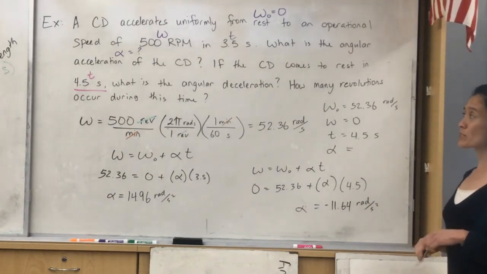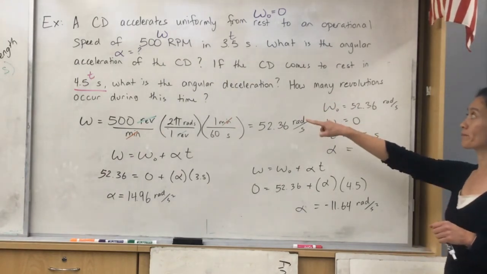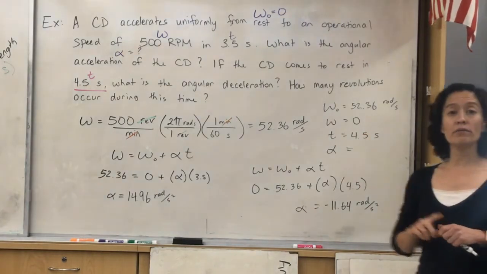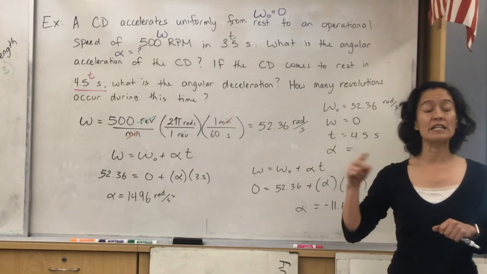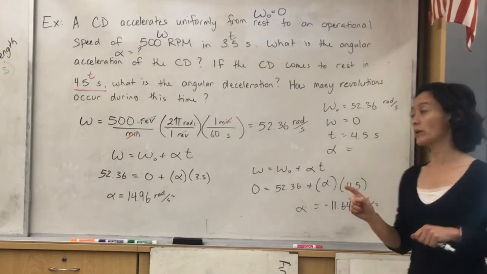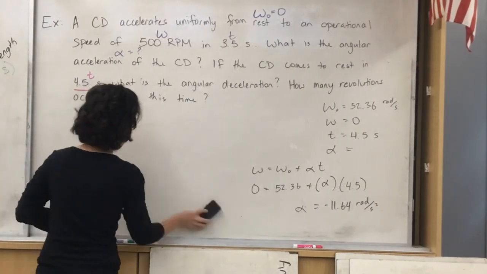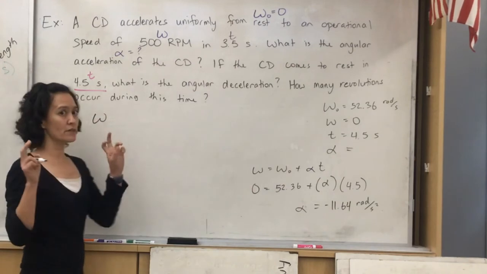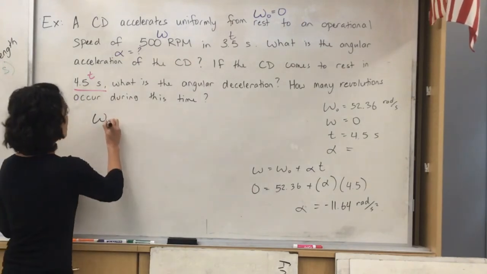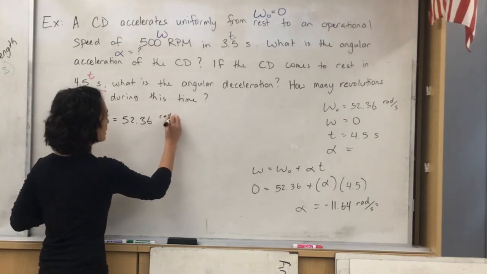Okay, last part of the problem says, how many revolutions occur during this time? So how many times does it go around? In order to figure that out, I need to figure out what the theta is. In this deceleration portion, my initial velocity is 52.36 rads per second.